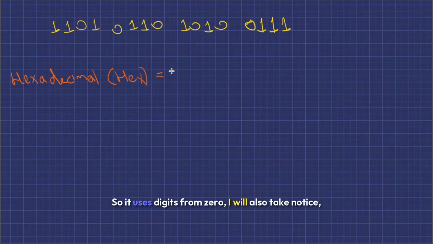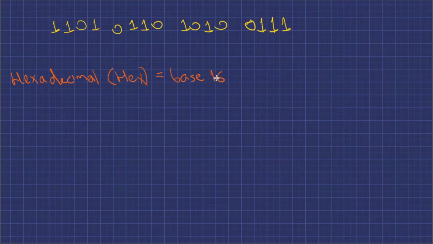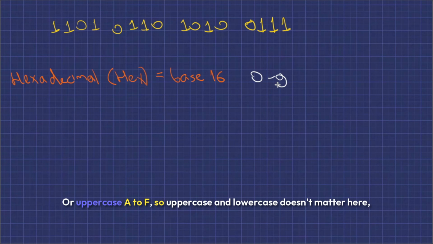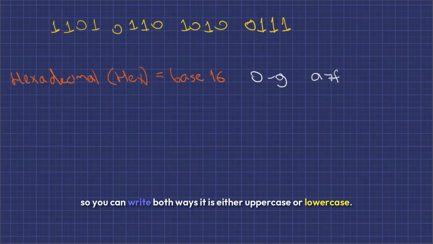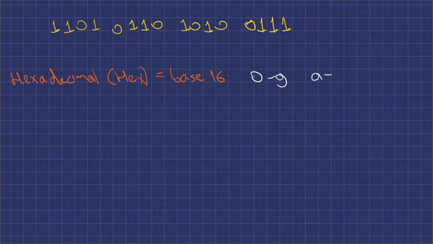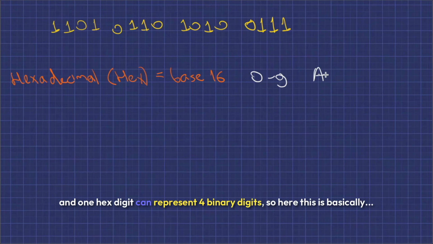So it uses digits from 0 to 9 and letters from A to F, or uppercase A to F. Uppercase and lowercase doesn't matter here, so you can write both ways. In computer language, it doesn't matter at all. And one hex digit can represent 4 binary digits.